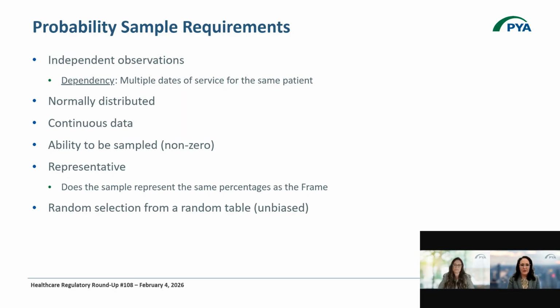Back to the non-zero items, we have to make sure we have paid claims. The sample should be representative of the whole. So oftentimes the way we'll test that is to say, what is the percentage of the types of claims that we have, and is it the same kind of percentage as we have from the sample all the way into the total frame?